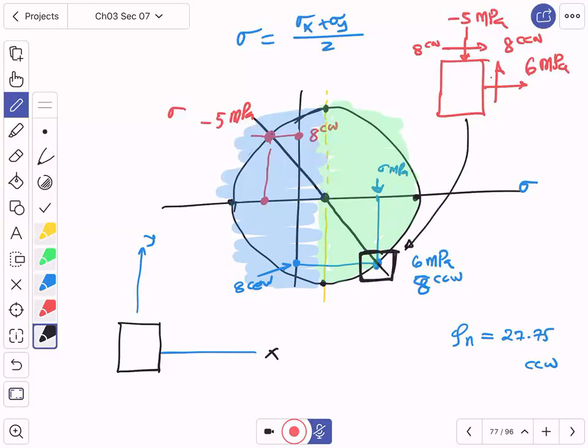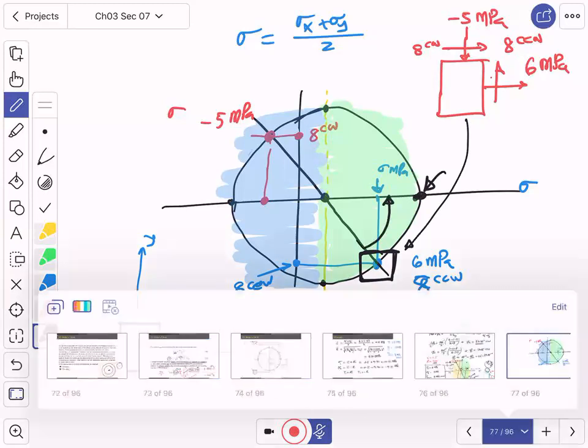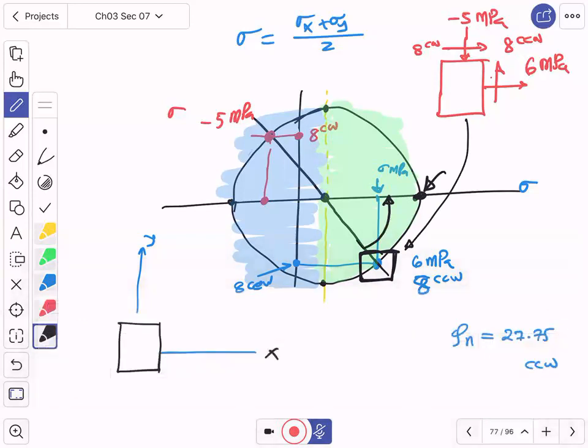And in order to go to the principal value, I need to take this element and rotate it and bring it here. I need to bring it right here. In order to bring it right here, I need to rotate counterclockwise 27.75. This 27.75, what is it? In reality, in the circle it is 2 phi n. So in the circle you need to have twice this value.